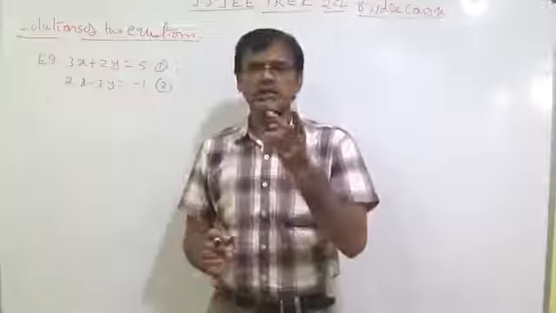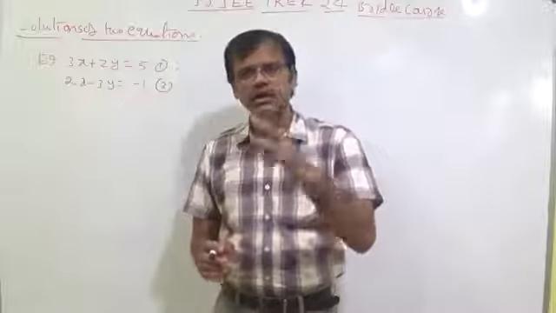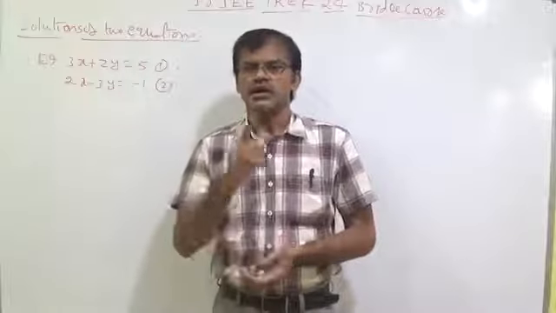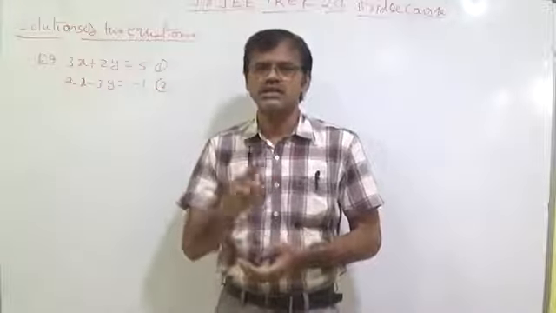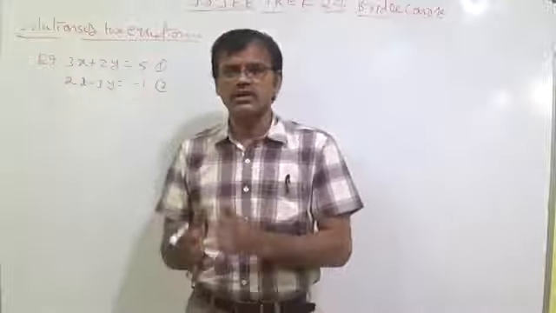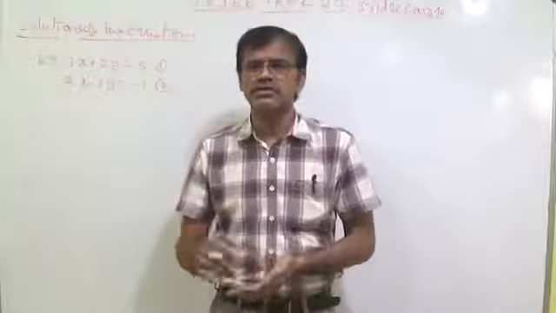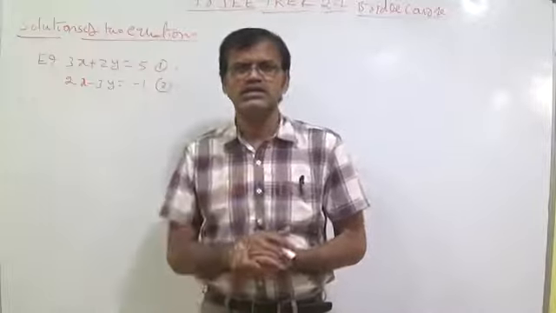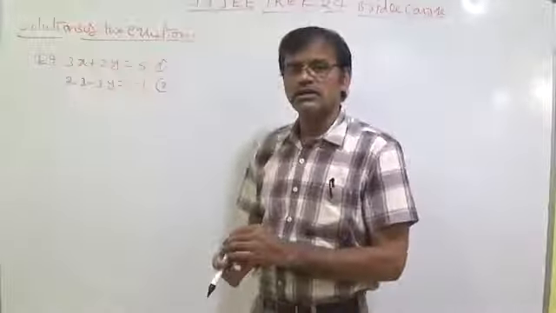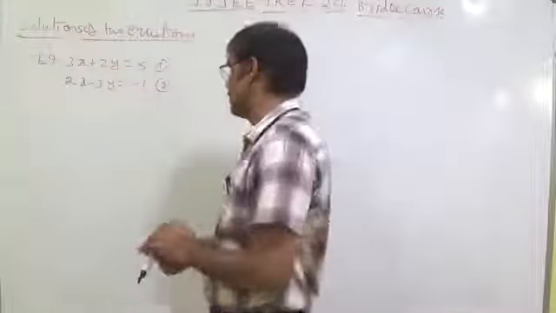We converted the variable y in terms of x and substituted the value in the second equation, and we got the answer in terms of only x. Later we substituted the x value in the first equation or second equation, anything, and you get the same answer. That is called the single variable method.